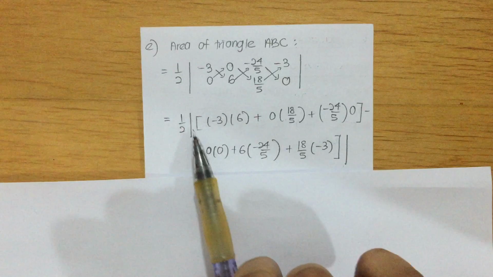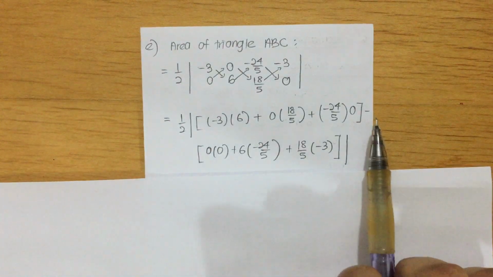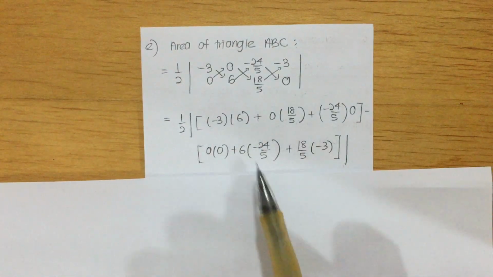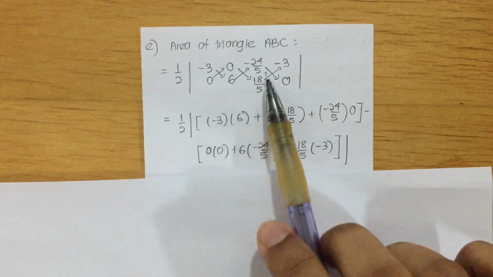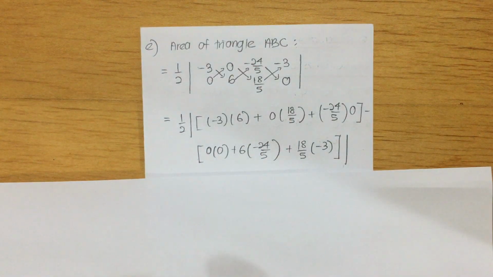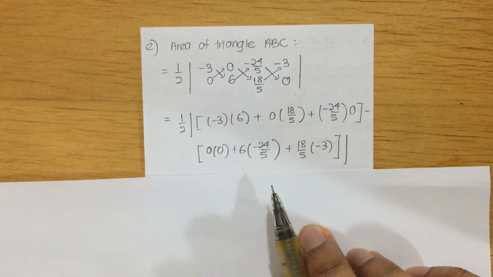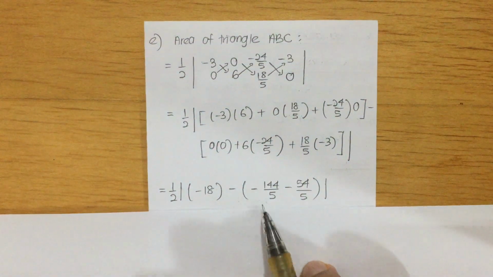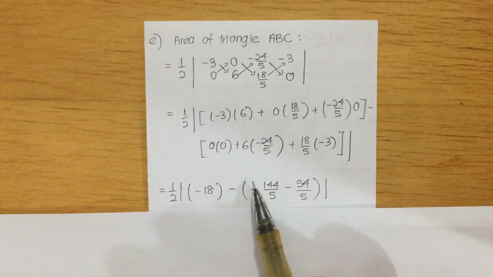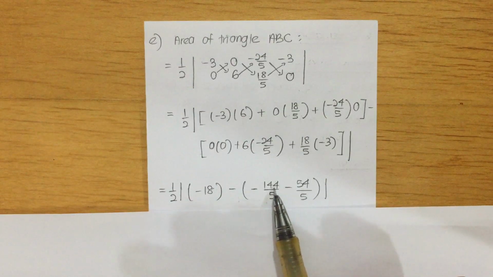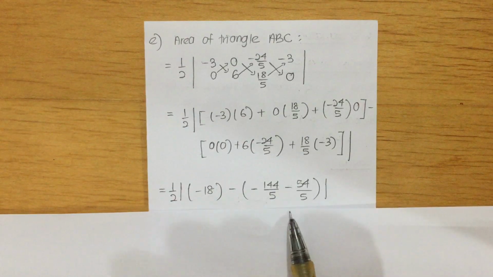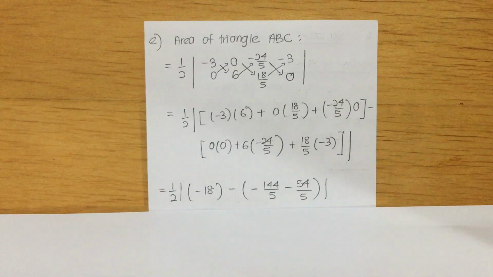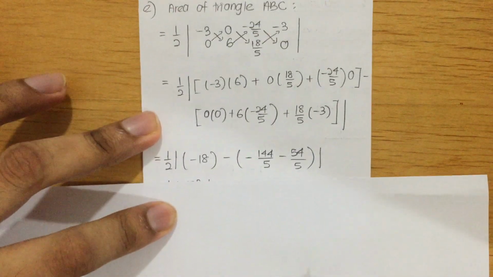Okay, you group them with the down arrow, and then you group them with the up arrow. So like I've explained in the first step itself. So you calculate this, and you should get, okay, negative 18 minus with negative 144 over 5 minus 54 over 5. Okay, proceed to the next step.